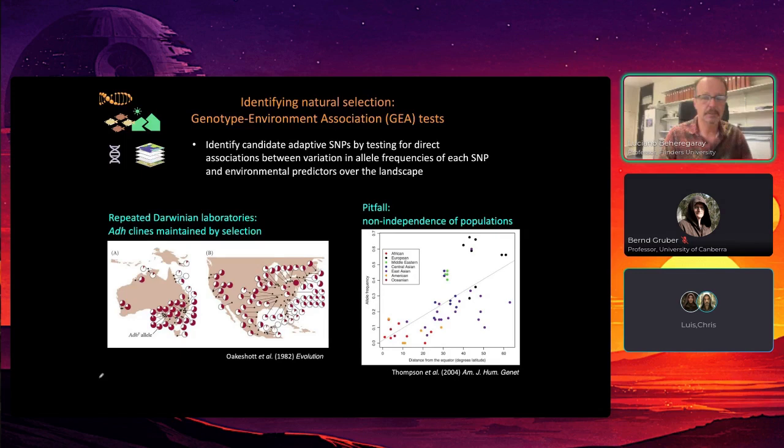Let's look at this other study here. This is a huge global data set for our own species, humans. And we have the frequency of one allele plotted over the distance of where that allele is sampled from the equator.